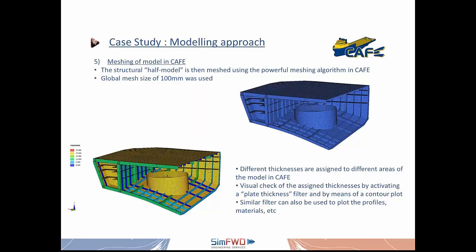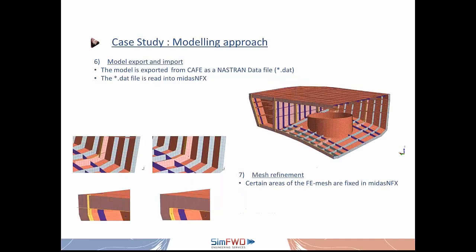Moving on, we have now created our initial mesh, and we are able to export it directly from CAFE into Midas NFX. This is done by utilizing the CAFE export to a Nastran DAT file and importing it into Midas NFX as a DAT file as well.